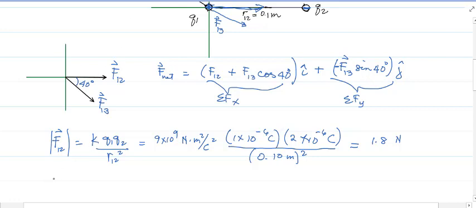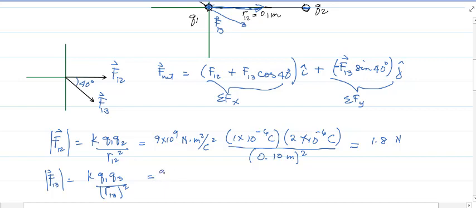And then how about F13? The F13 magnitude, applying again Coulomb's law, is equal to K times Q1 and Q3 over the square of the distance between the two charges.